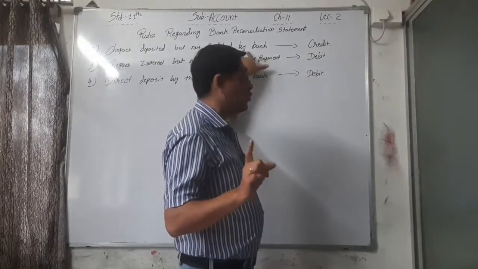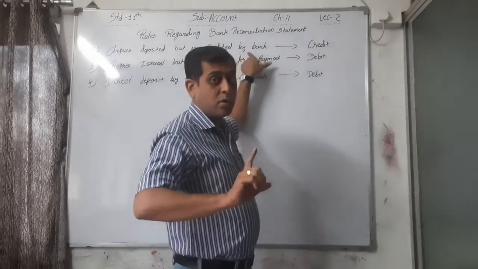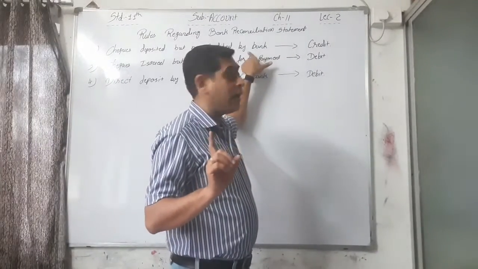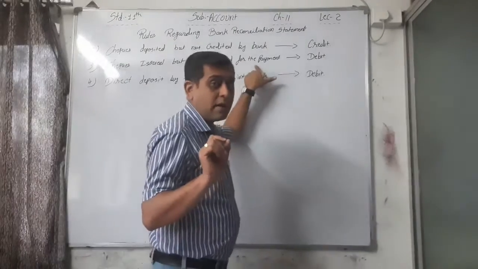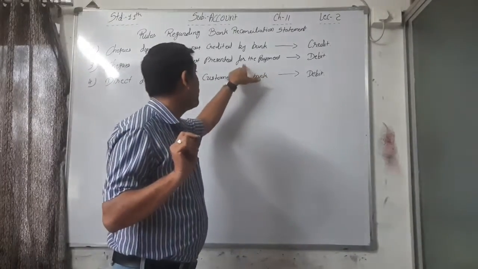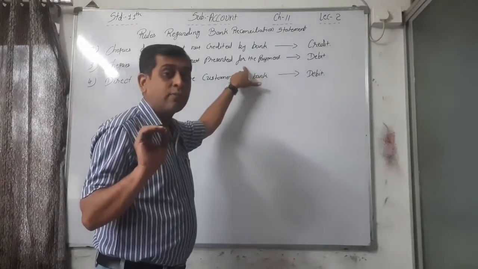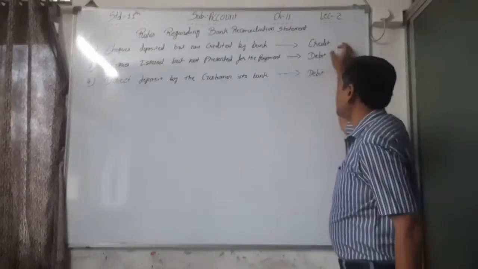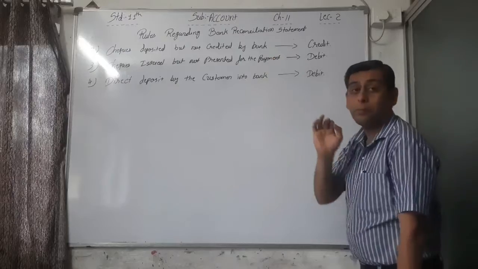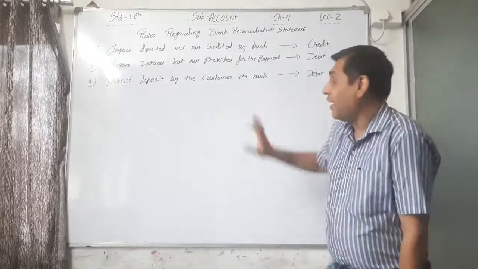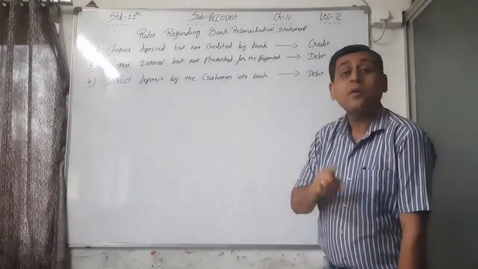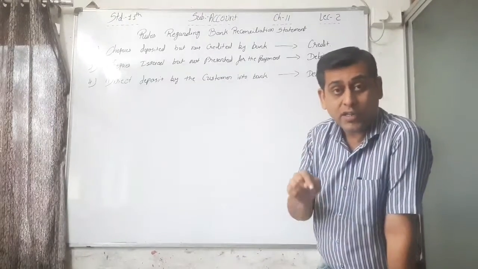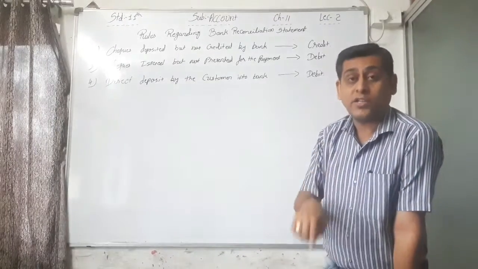We are depositing the check, that is recorded in the cash book, but bank is not credited. We issue the check, but it does not go for presentation, that is not cleared. That's why these first two transactions are not recorded by the bank, okay, and this transaction is not recorded by the trader, that is not recorded in the cash book.